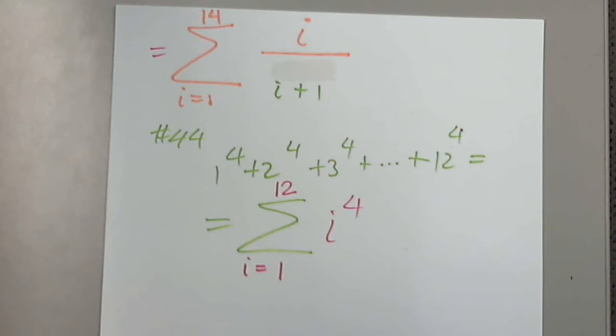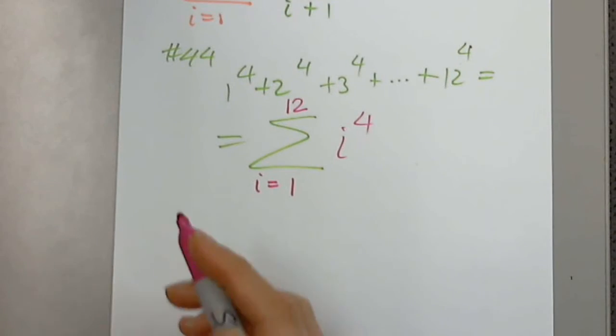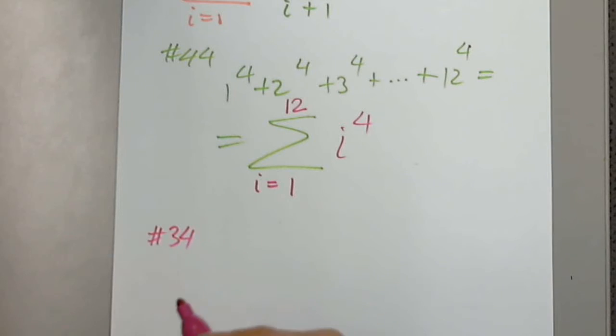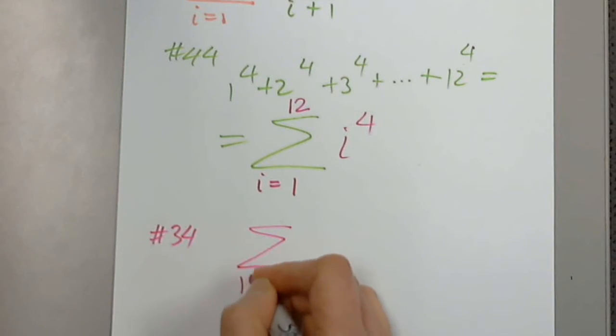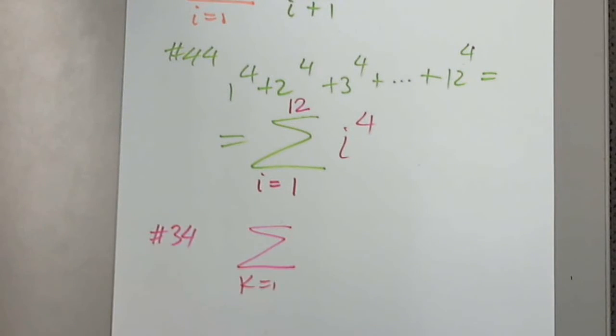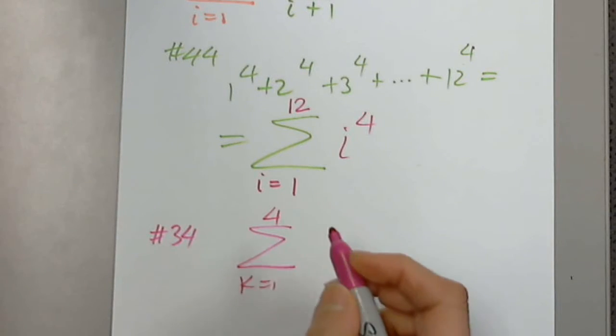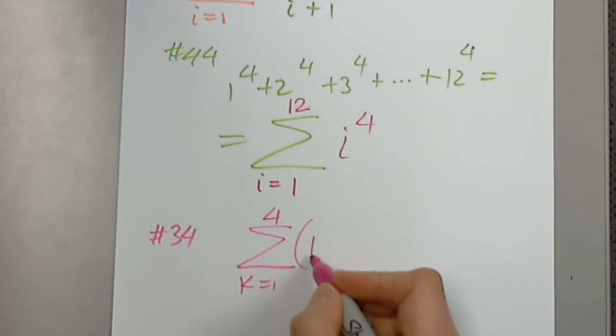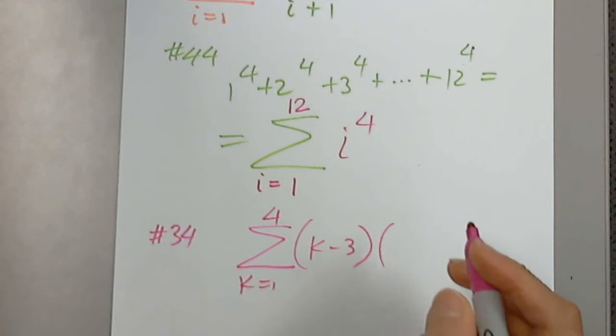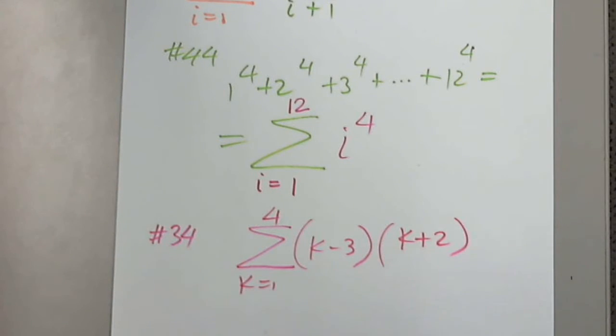Okay, so now we are given, for example, 34. And they don't want i, they put in k, it doesn't matter. Same thing, i or k or j, it doesn't matter. They are giving us the summation notation and they say, find each indicated sum.